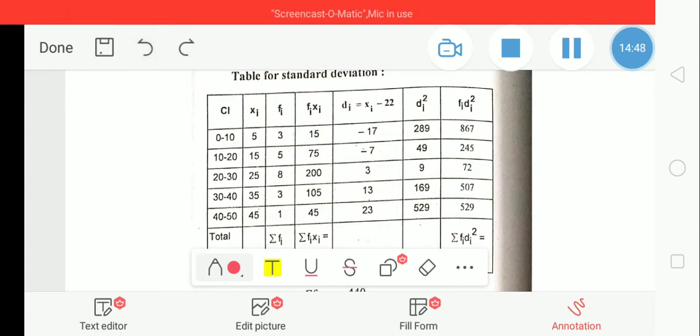We know that the midpoint xi is 0 plus 10 divided by 2, which is 5; here also the same, add and divide by 2, so that gives the midpoint, the mean value of the class interval, xi. So 5, 15, 25, 35 and 45 are the mid values of the class intervals xi.